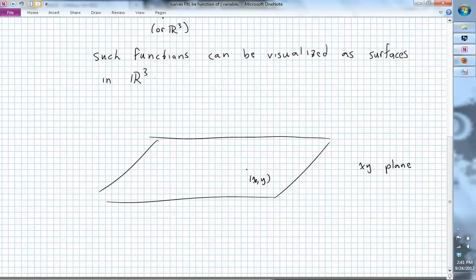And that's the input value. Where do you want to plot the point? Well, you plug that in to the function. You're going to get out a z value, and that's where you plot the point. So you plug in this point, and you go up to f of x, y. And this height is z.